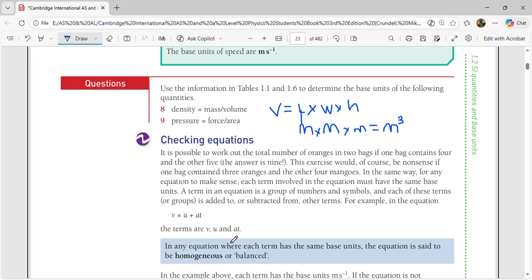If you look at this, there are three terms in this equation. Velocity has derived units of meters per second.